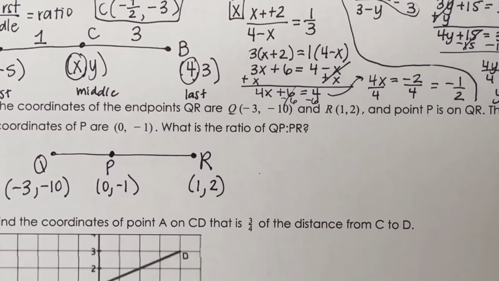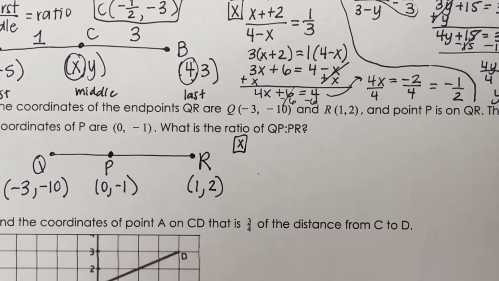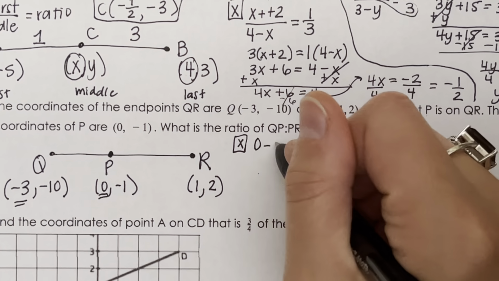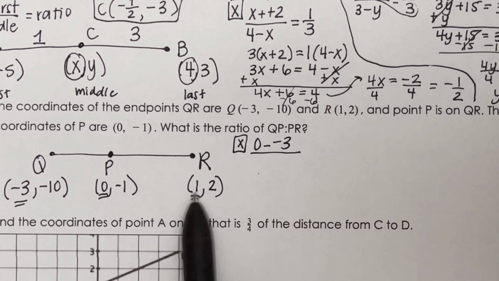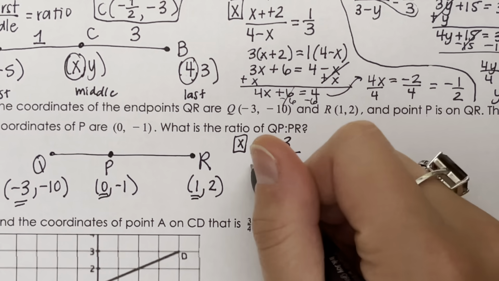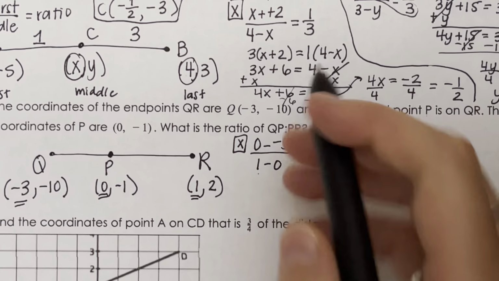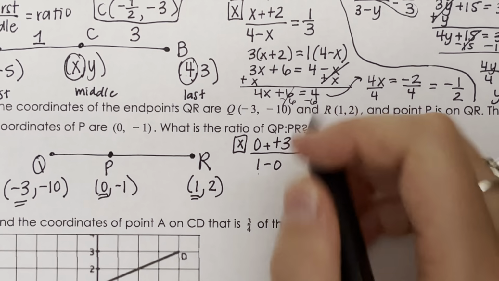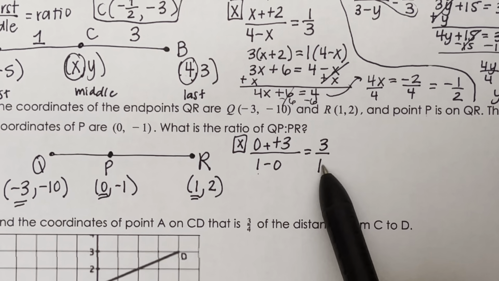So if I look just at my x values, middle minus first is 0 minus negative 3 over last minus middle is 1 minus 0. So this just becomes a little bit of quick math here. 0 minus negative 3 is the same as 0 plus 3, which is 3. 1 minus 0 is 1. So my ratio is 3 to 1.